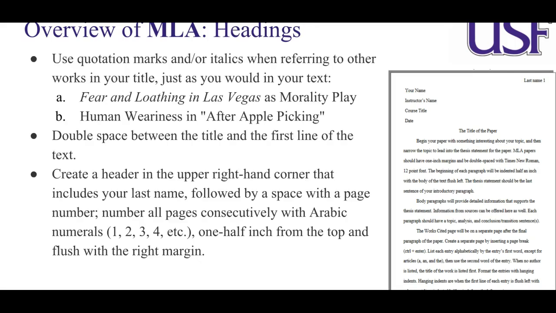As far as titles go, keep in mind that the titles of longer works, such as a novel or an entire book or film, are in italics, while the titles of shorter works, for example, a poem, a song, or an article from a journal, are in quotation marks.